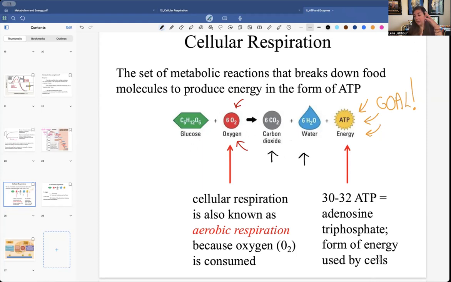So this is a reaction that I am going to ask you to memorize because it's really important in the concept of cellular respiration. So this is called aerobic respiration because it requires oxygen. So make sure you understand the term aerobic. This means in the presence of oxygen. You have to have it in the presence of oxygen. And in the end, cellular respiration allows you to produce 30 to 32 ATP molecules. That's a lot.